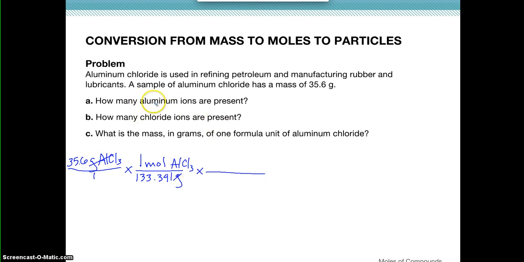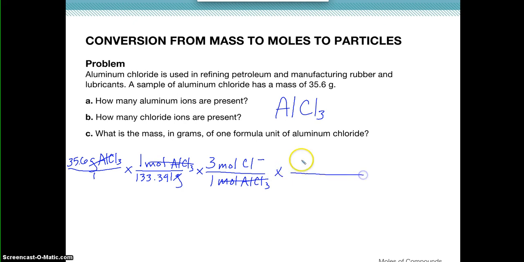Now, we're trying to find chloride ions. So this time, we know our formula is this, right? How many moles of chloride ions are there in 1 mole of aluminum chloride? Well, our subscript tells us there are 3 moles of chloride ions in every 1 mole of AlCl3. So we have a different mole ratio than we did with the aluminum ions because we have different subscripts for our 2 ions.